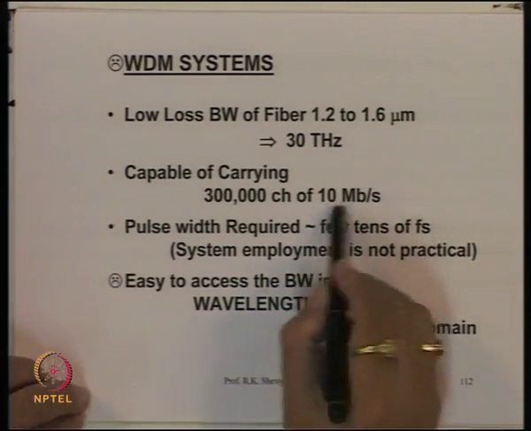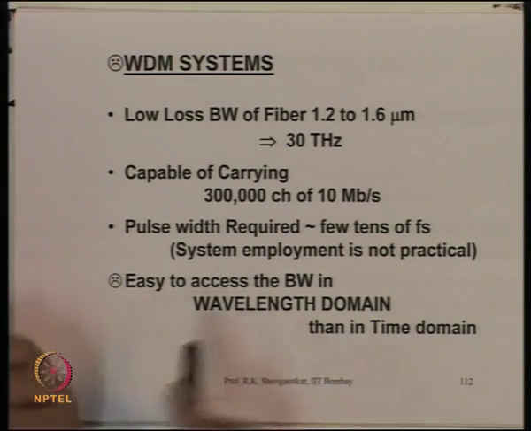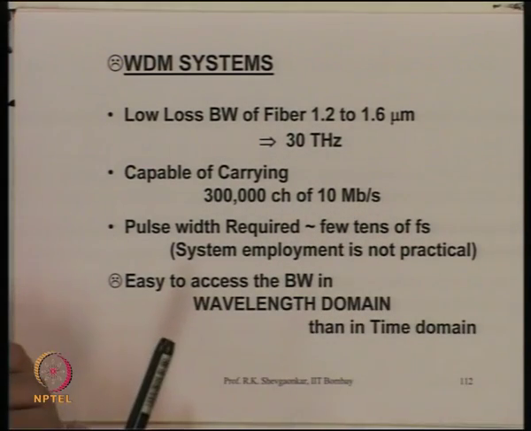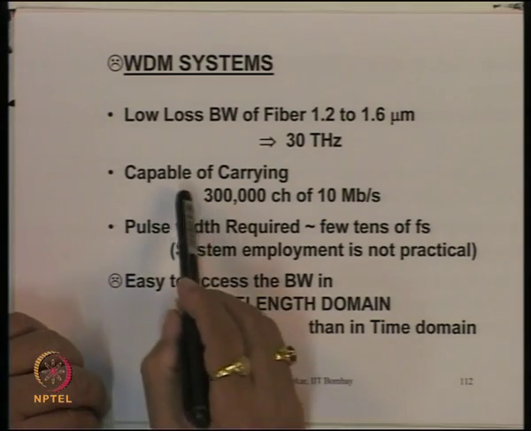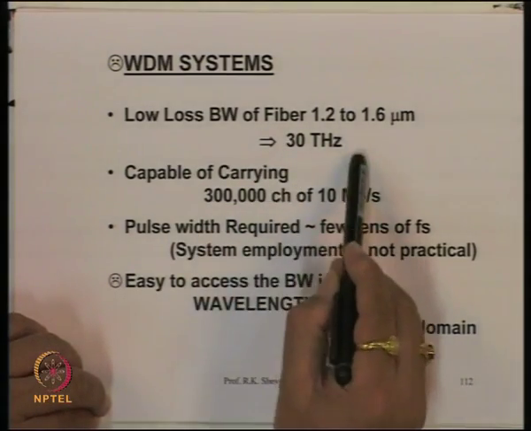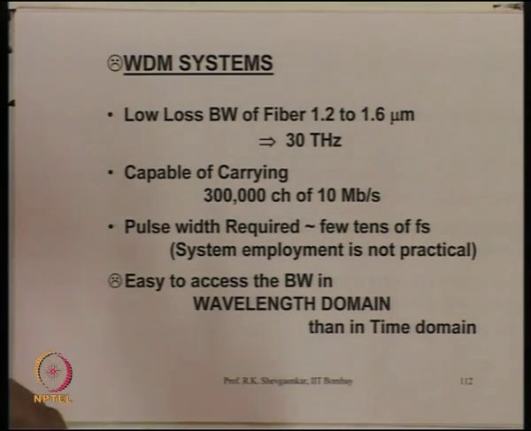I use the number 10 megabits per second because that's the kind of bandwidth a good quality video channel typically needs. So if we can use the entire bandwidth of the optical fiber, we would be able to transmit 300,000 video channels on a single optical fiber, and that's a very huge capacity.